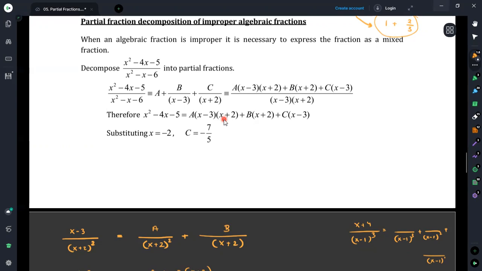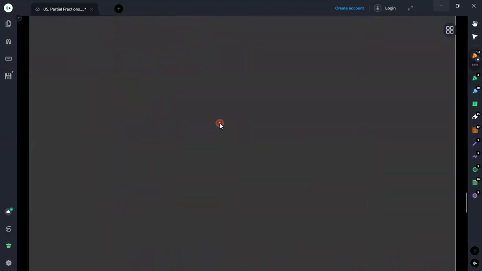Here we can see that the degree of the numerator is equal to 2 and the degree of the denominator is equal to 2. The degree of the numerator is equal to the degree of the denominator. Therefore, this is an improper algebraic fraction. Then we need to write it as a mixed fraction.